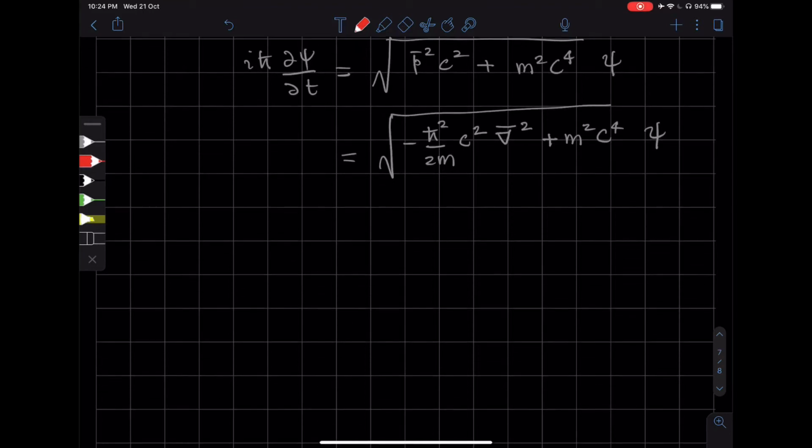Let's try something else, and this is going to be our attempt number 2. If I look at the form of the equation, there's an h bar here, and then there's this thing.